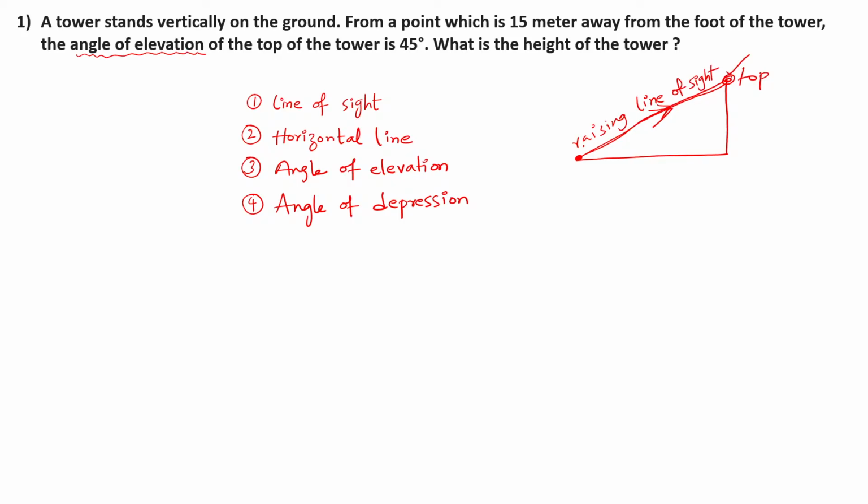Since we are observing, we are called the observer. And since we are observing the top of the tree, the top of the tree is called the target. This horizontal line which you can see is the reference of ground level. So this ground level reference line is simply a horizontal line.